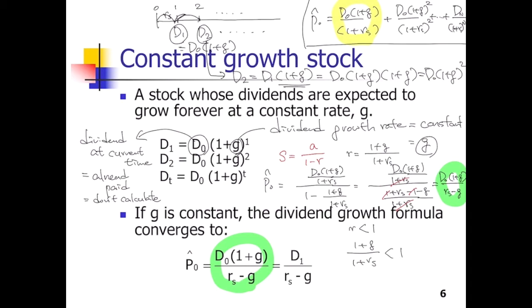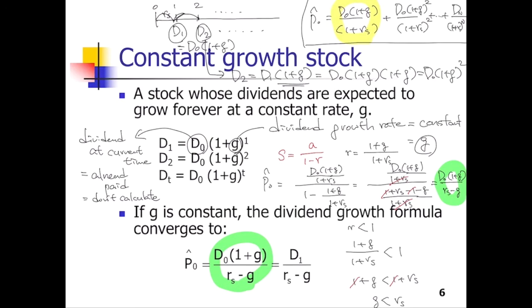And we move this term to the right-hand side and get g should be less than Rs, because these two are cancelled out. What does it mean? It means the growth rate is less than the discount rate. This is an additional assumption of the constant growth model.